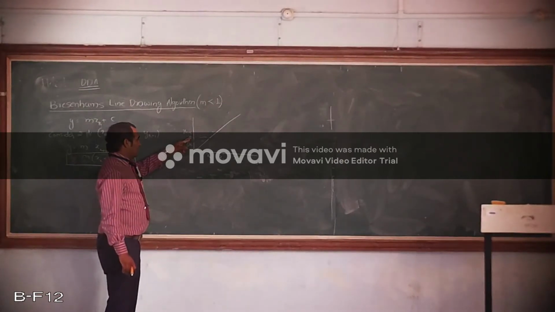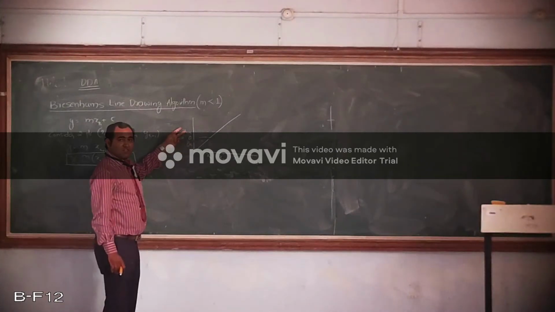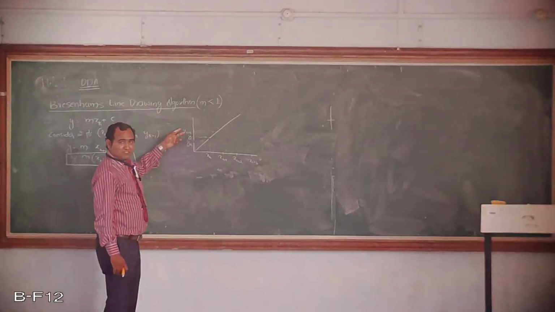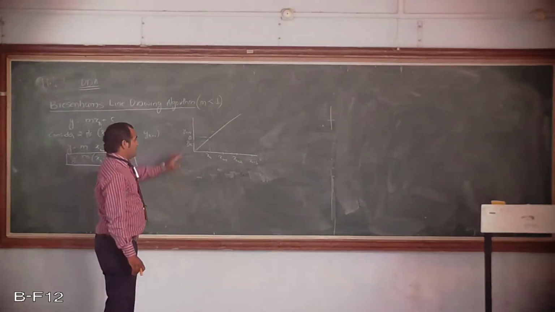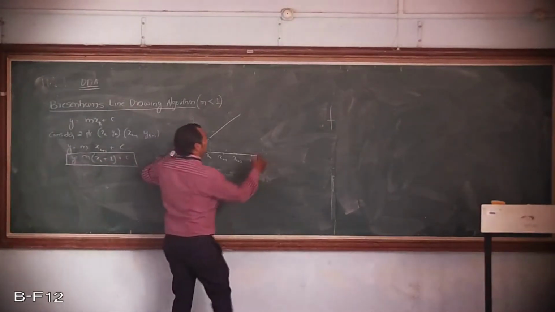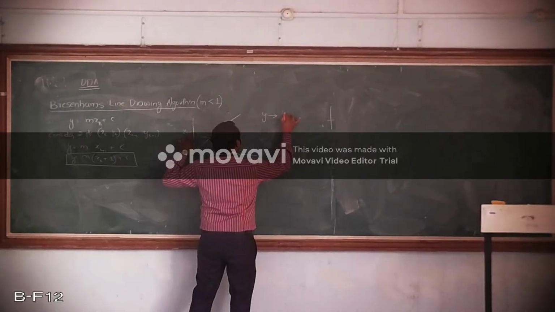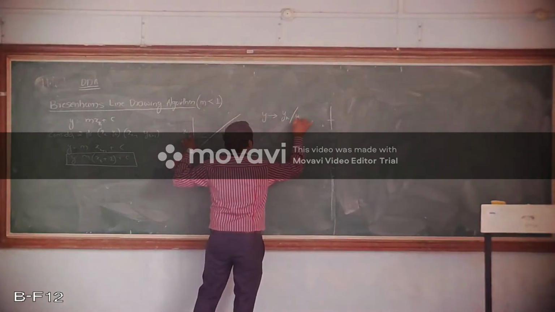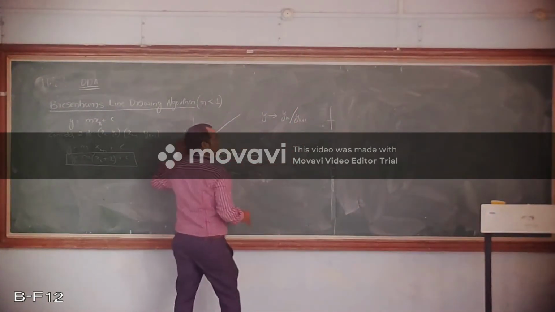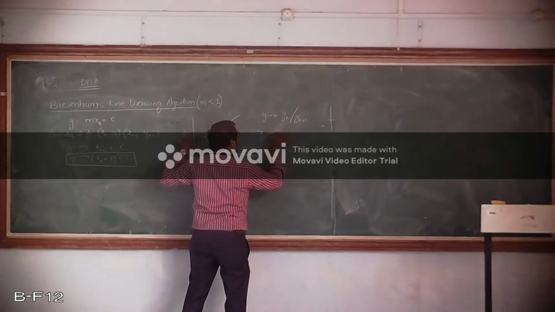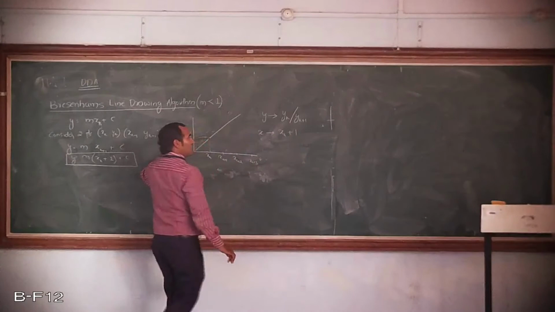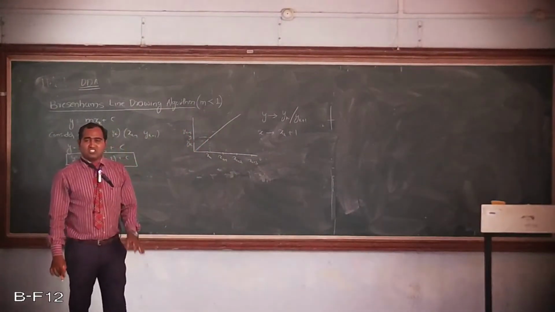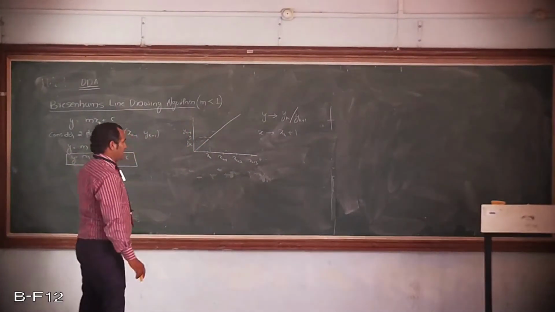This value of y can be yk or it can be yk plus 1, and that we have to decide. That is called the decision parameter. So y can take the value of yk or yk plus 1, whereas x will take the value of xk plus 1. Each time x is incremented by unity.